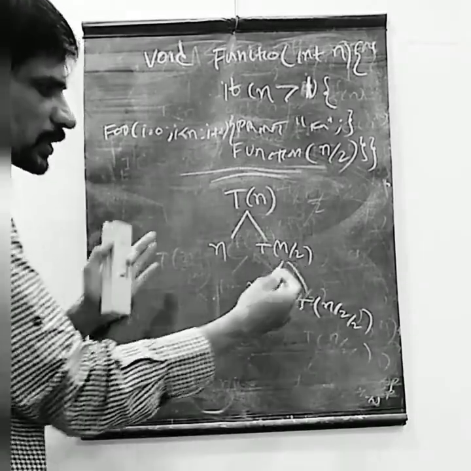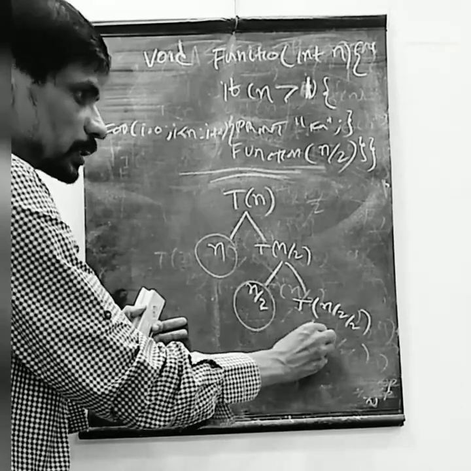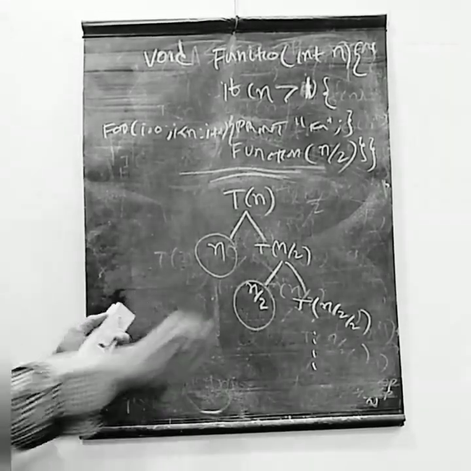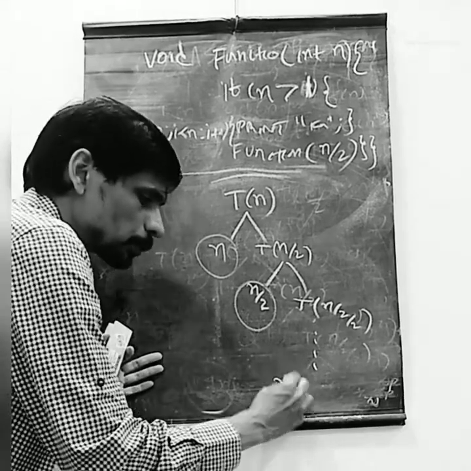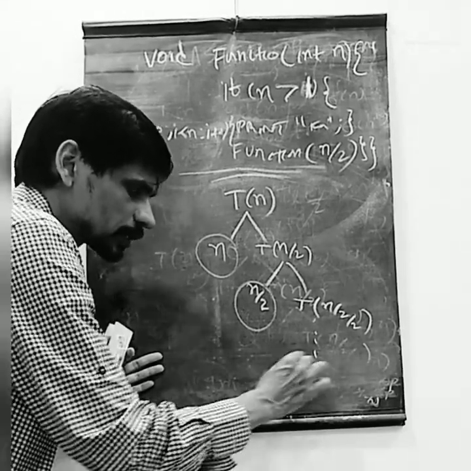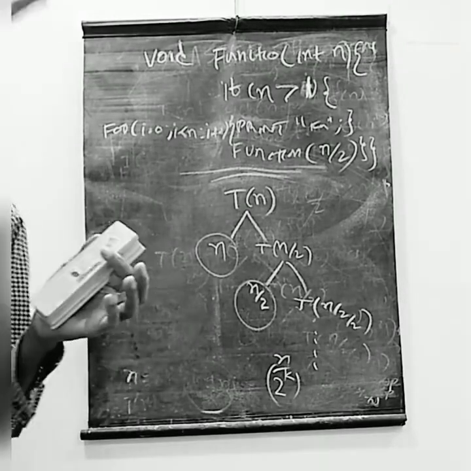It's the same thing, but here the execution pattern is changing. We need to do this up to n by 2 power k times.